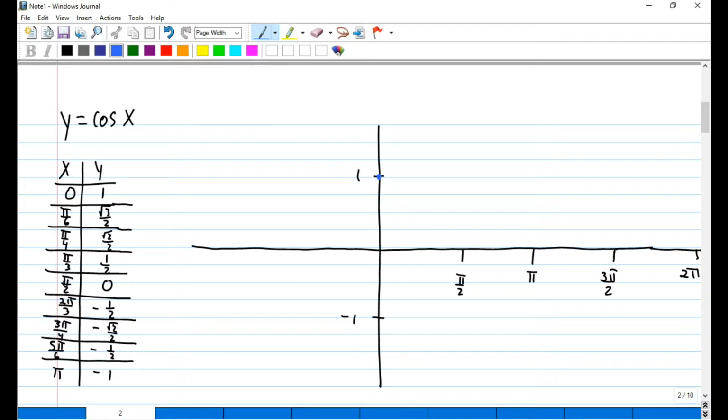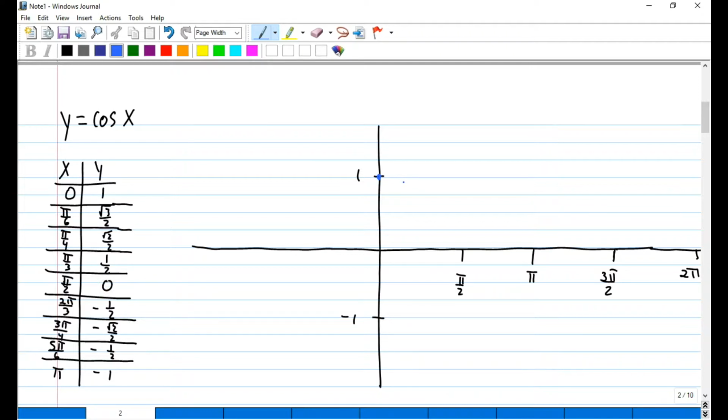Okay? And then notice what happens. As you go to the right, meaning as your x values get larger, your y values get smaller. Remember, this was 0.866, 0.707, 0.5, 0.